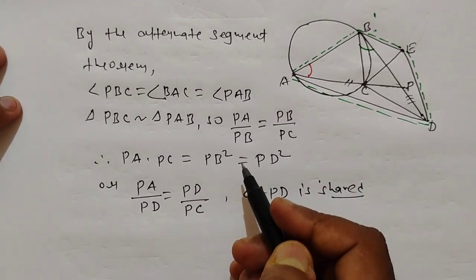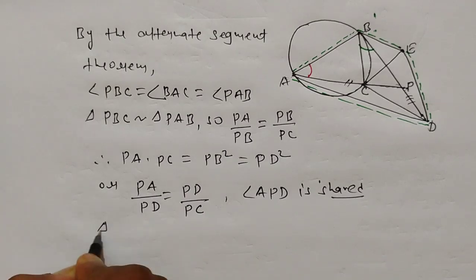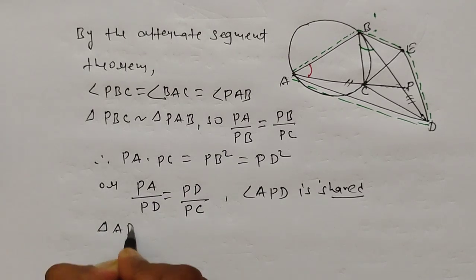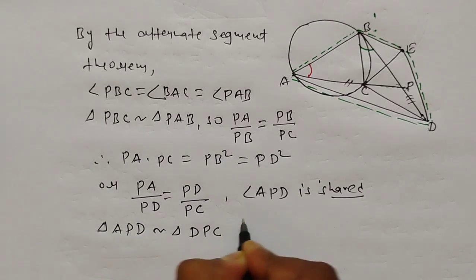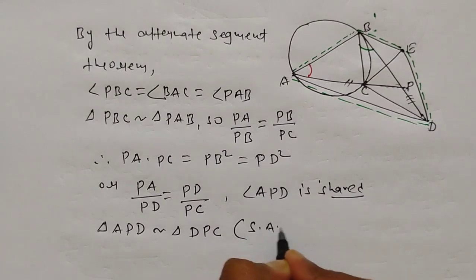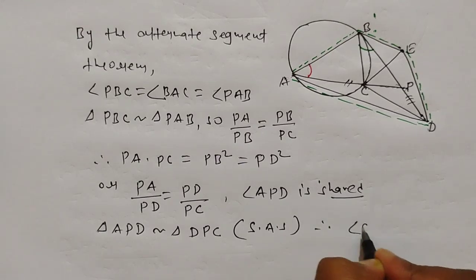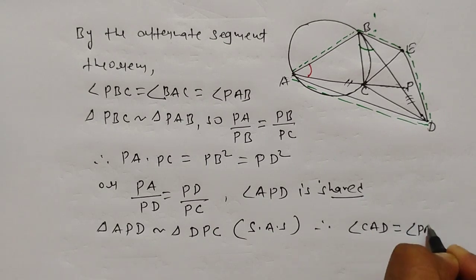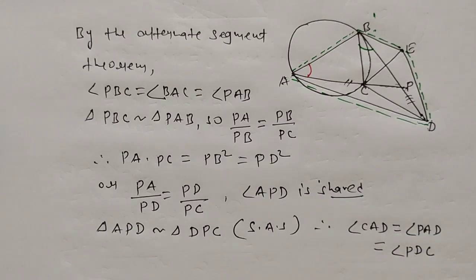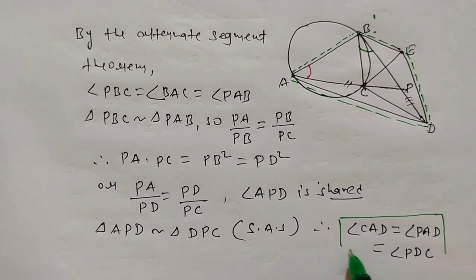So we can simply write the triangle APD is similar to the triangle DPC, and the theorem here, side angle side, holds, and hence we can write angle CAD is equal to angle PAD is equal to angle PDC. So this is also a very important result.